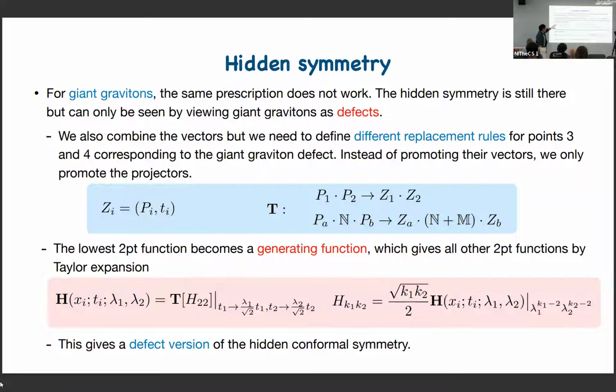Let me first state this as a prescription, and you apply it to the simplest correlation function, where k equals 2. Then you get a generating function, which after Taylor expansion gives you all the other higher-k defect 2-point functions you get from the bootstrap.